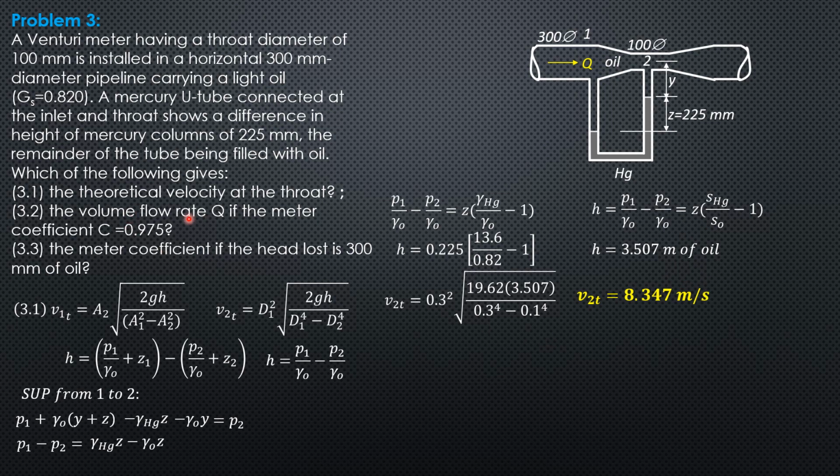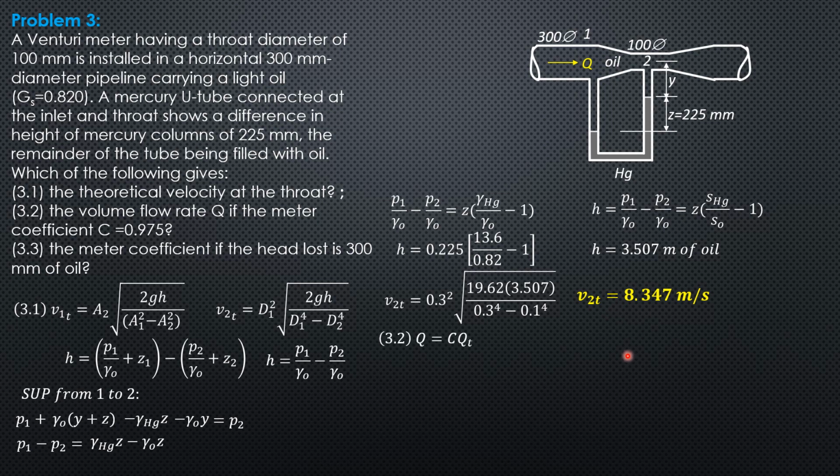The volume flow rate, if the discharge coefficient or meter coefficient is 0.975, so it is just Q, actual discharge, equals meter coefficient C times theoretical discharge, and theoretical discharge is area 2 times theoretical velocity.